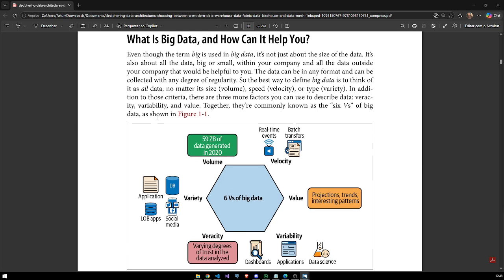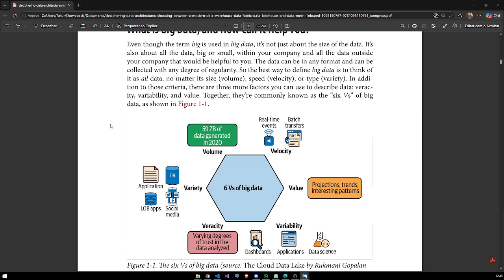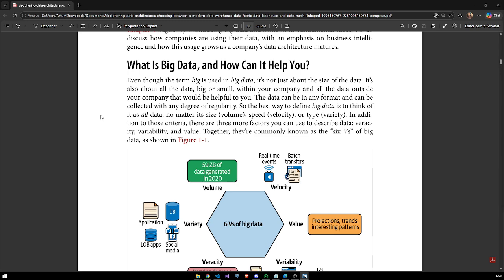Today I'm going to talk to you about this kind of data architecture here. It's fundamental knowledge, and it is very important for us to know it.